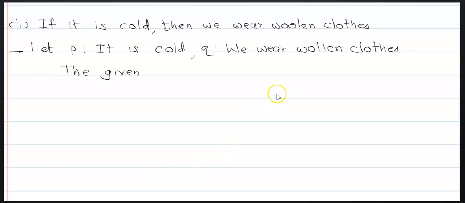Sometimes when we delete something, then that gets cancelled.